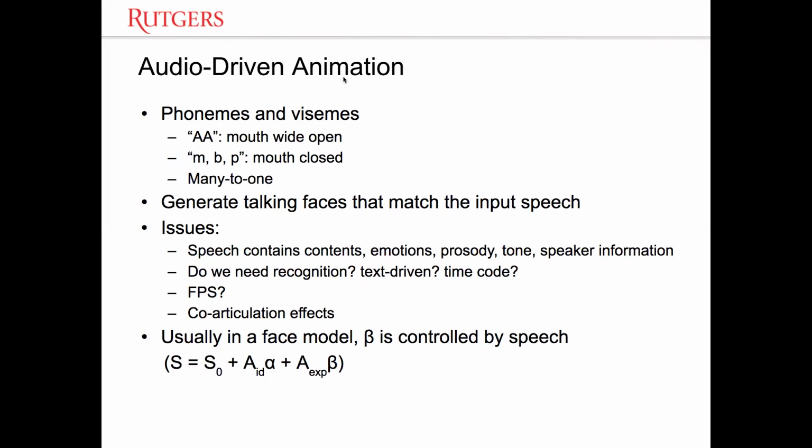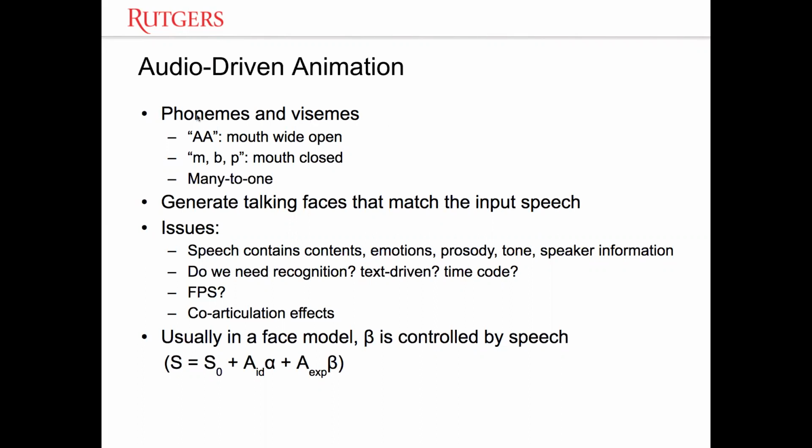In order to animate lip syncing, we have phonemes in the field of audio, and visemes, which are visual phonemes, in the visual field. So let's say a phoneme is mapped to the mouth-wide-open viseme. You can think of a viseme as a pre-created blend shape that has a mouth wide open.